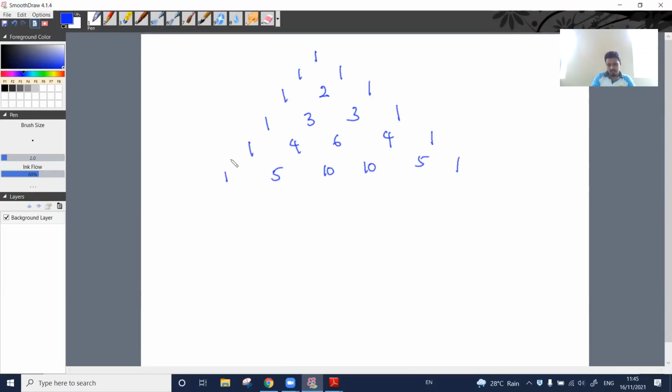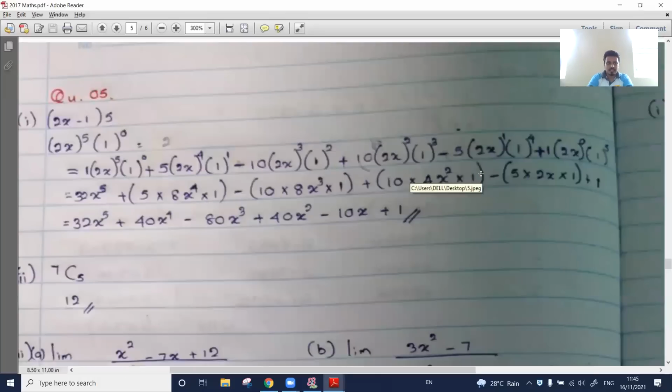So this is the row that we need to consider, sorry, 1 5 10 10 5 1. So this is what we need to use in expanding that given expression.